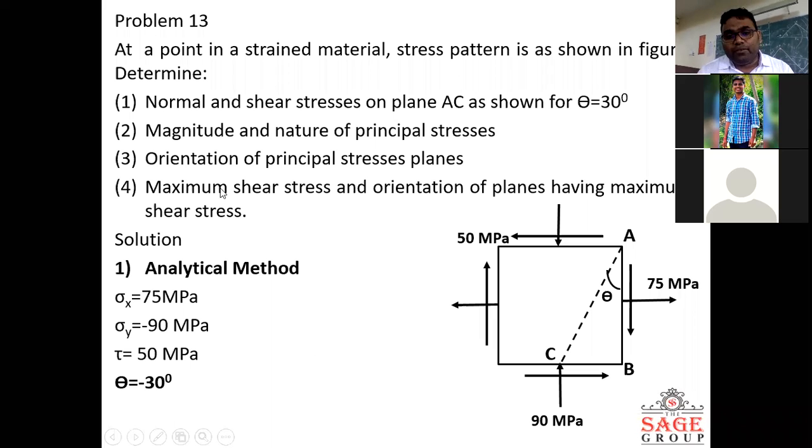We have also taken the theta value as minus 30.